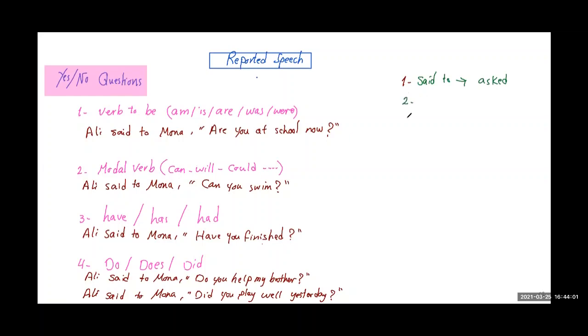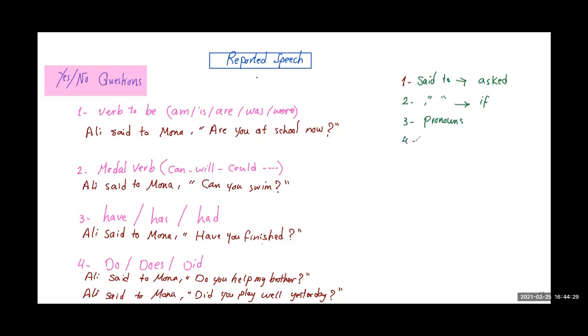Number two, I remove the quotation marks and I use if instead. It can be if or whether. Number three, it's the same as the statement: you have to change the pronouns according to the speakers and the listeners.